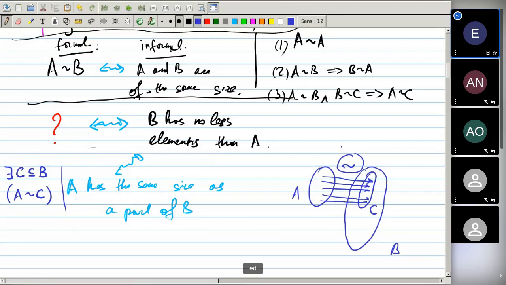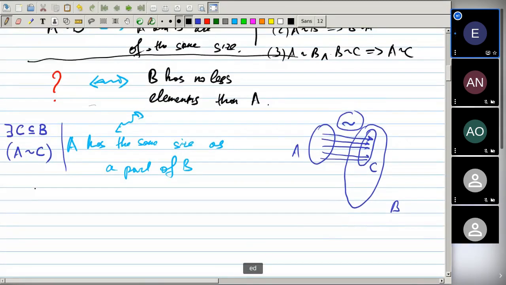Yes. It is logical, but technically this definition is not very convenient.